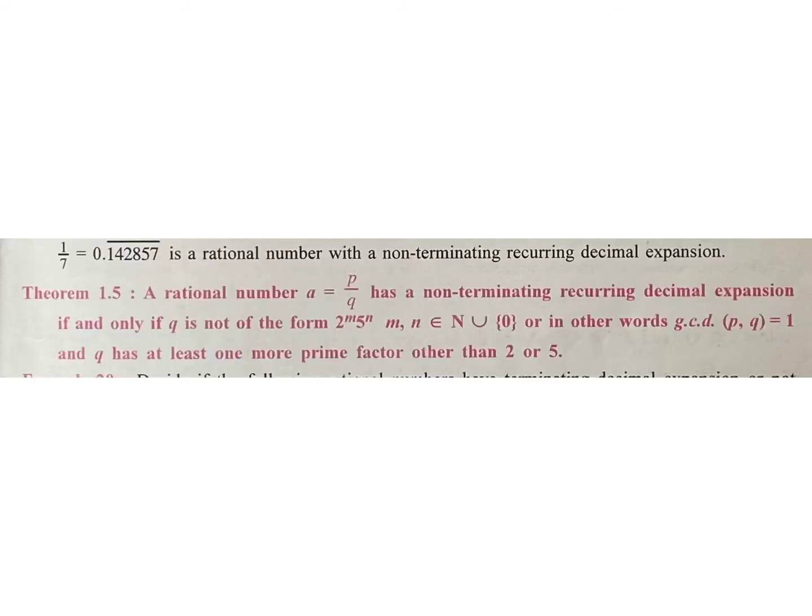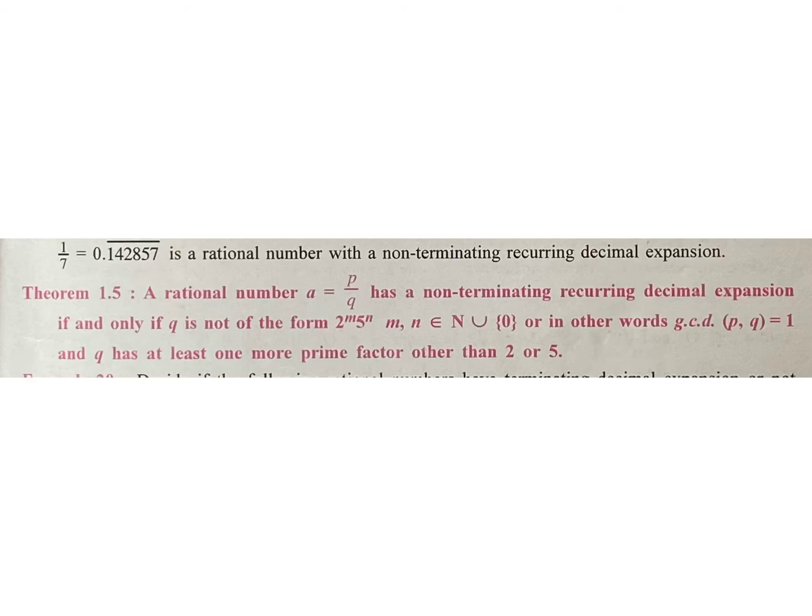Now let us understand this theorem. A rational number a equal to p by q has a non-terminating recurring decimal expansion. When will it have a recurring decimal expansion? If and only if q is not of the form 2 raised to m, 5 raised to n, where m, n belong to natural numbers including 0.